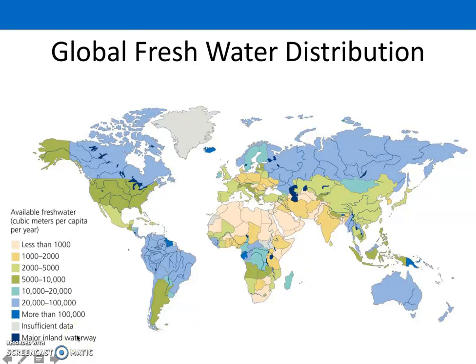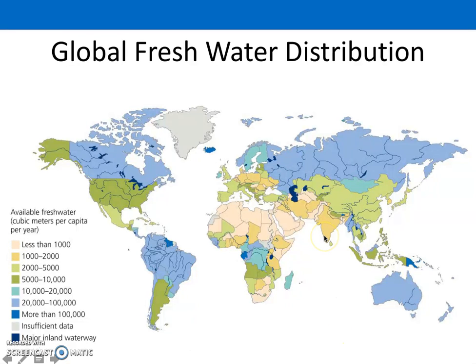That means per person. So areas in blue have the most fresh water available to each person. Then the yellow and this pale peach color are the areas that have less than 2,000 cubic meters of fresh water per person. So they have water scarcity.